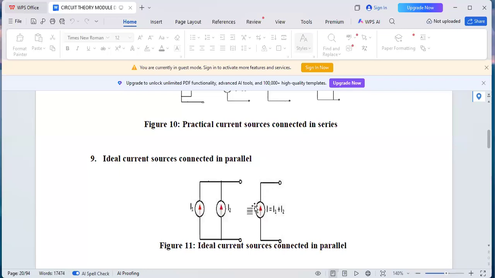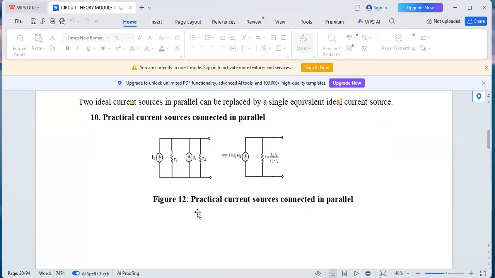So this is the equivalent representation of current sources connected in parallel. That one, you see the resistance. The resistance is not connected in series with the input or with the source.